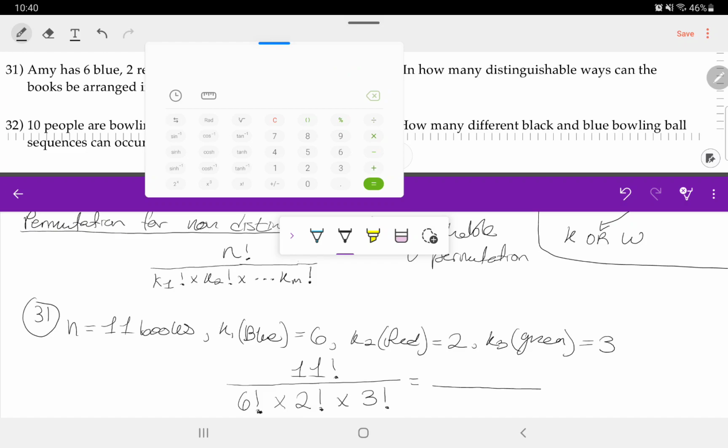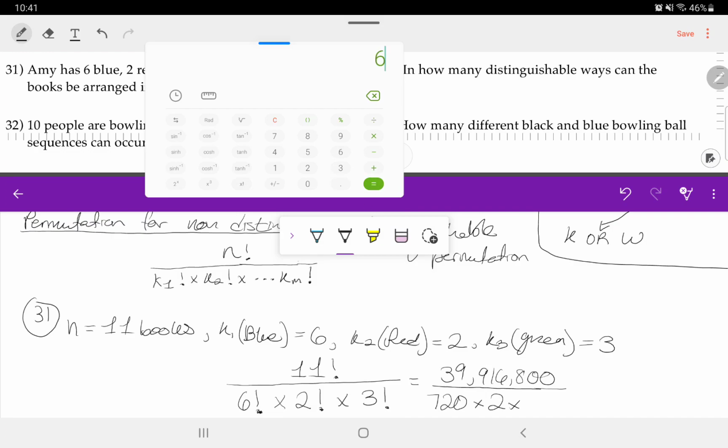Let's go into my calculator. You guys can use your TI-83 or 84 calculator by going over to Math, PRB, and then selecting the 4th option, which is the factorial notation. 11 factorial is going to be 39,916,800, divided by 6 factorial, which is 720, 2 factorial, which is 2, and 3 factorial, which will be 6.